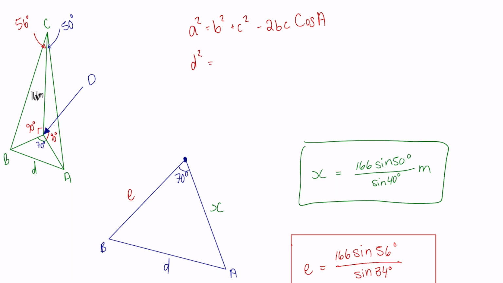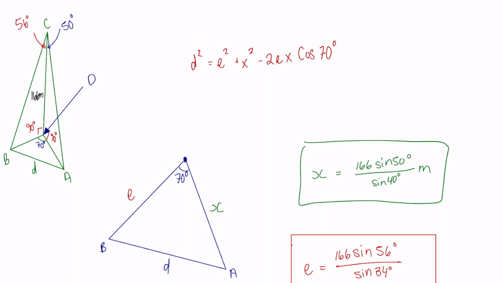And b and c are the other two known side lengths, so e and x. Minus 2, so we made b c into e x. Cos, we made lowercase a equal to lowercase d, so uppercase A is the angle opposite to lowercase d, so 70 degrees.